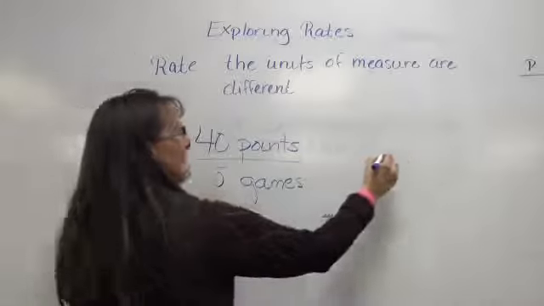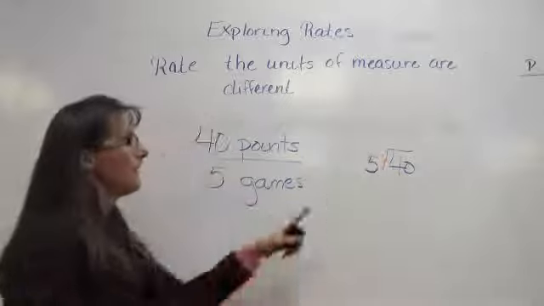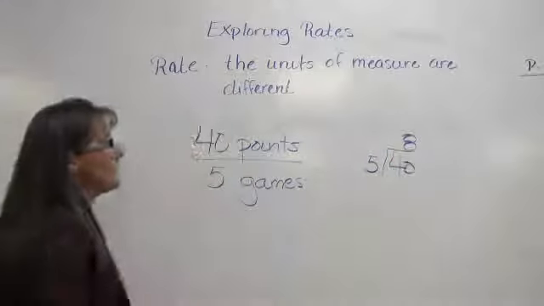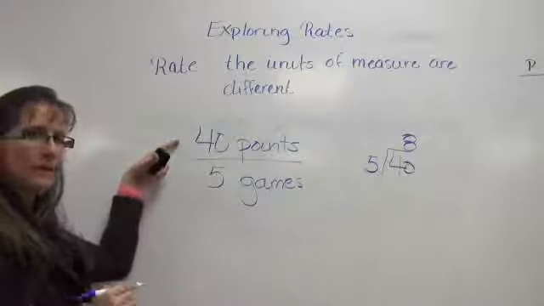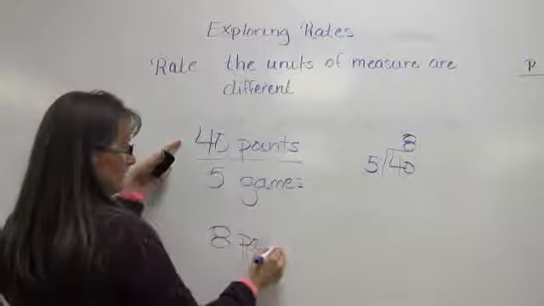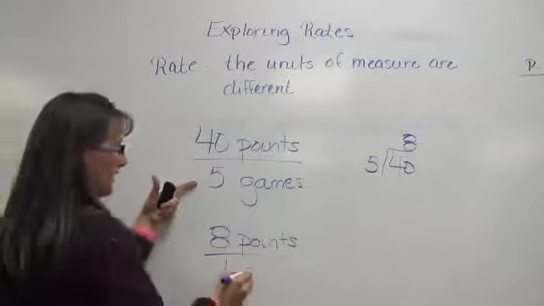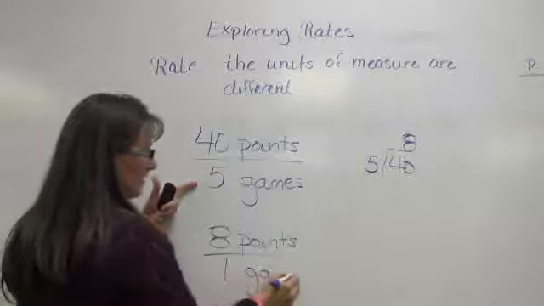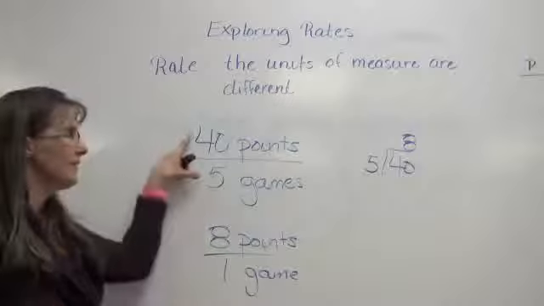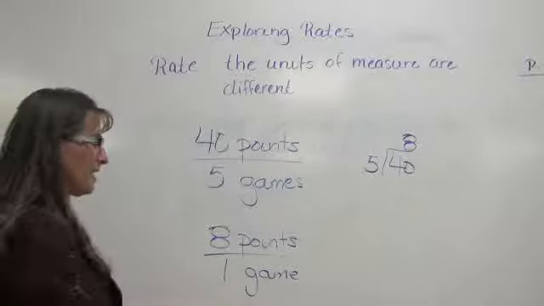That means I will be dividing 40 by 5. And of course 5 goes into 40 8 times. My numerator is going to be 8 points, and that will leave my denominator of 1 game. He scored 8 points in 1 game.